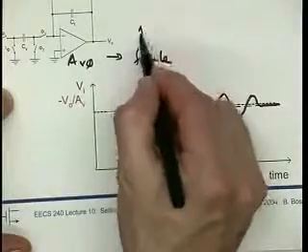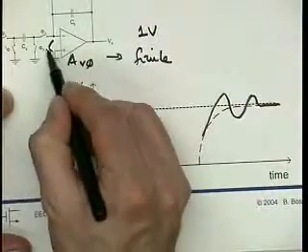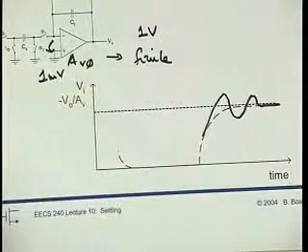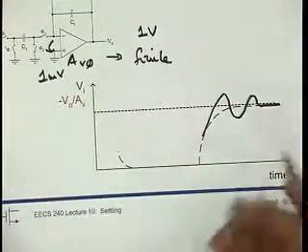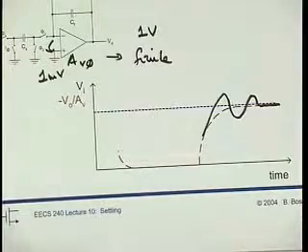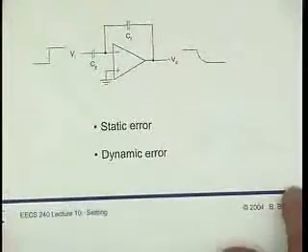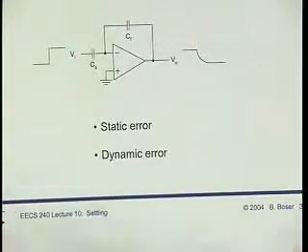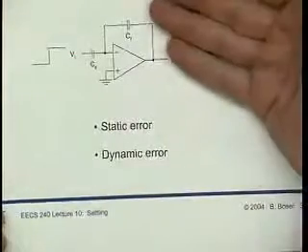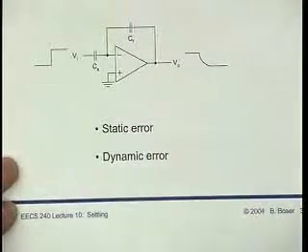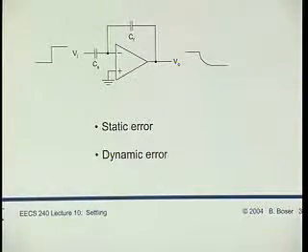If we, let's say, have 1 volt at the output and the gain was 1000, then we have to have 1 millivolt at the input of the amplifier. And that produces a static error. So when we analyze the settling time of an amplifier or such a circuit, we generally break up the problem into different segments. The first breakup is into static error, that is due to finite gain, and dynamic error, that is all the rest, which will be a little bit more to analyze.